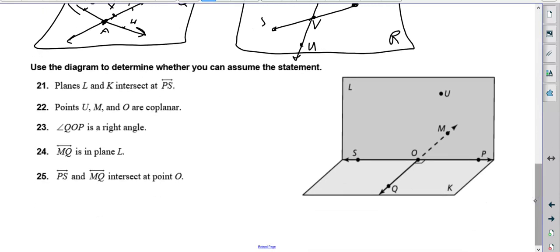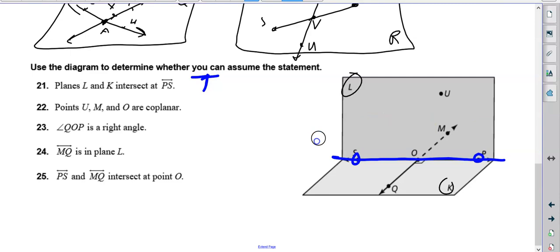All right. Planes L and K, use the diagram to determine whether you can assume the statement. So planes L, here's L, and K intersect at PS. Well, they intersect right here, and PS is there, so that's true. Points U, M, and O are coplanar. Well, let's look at that.